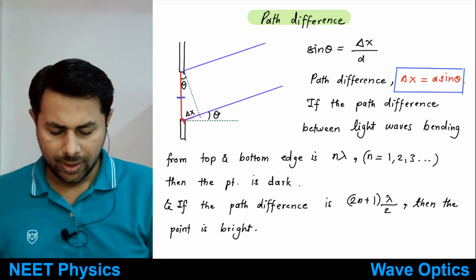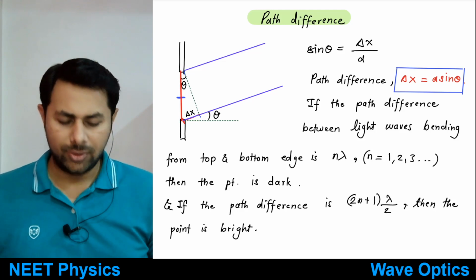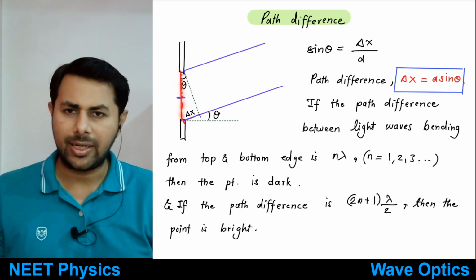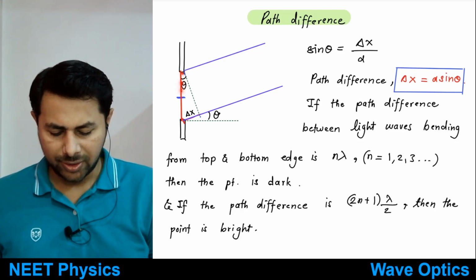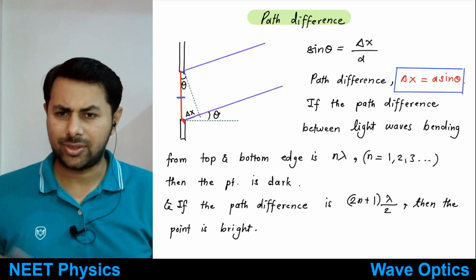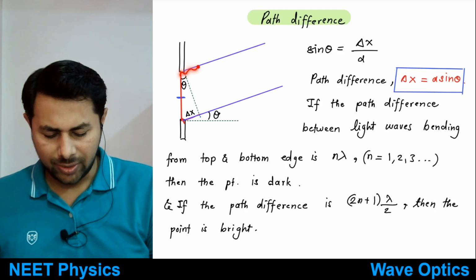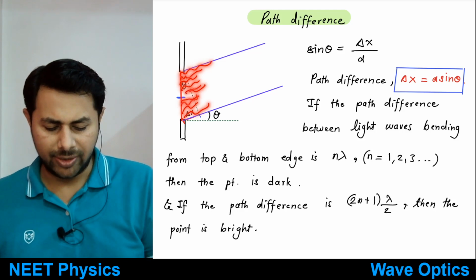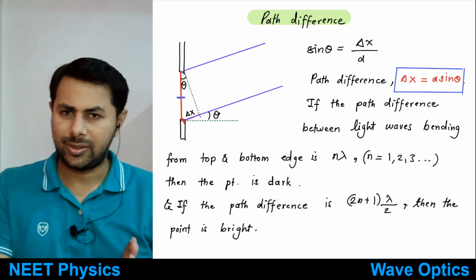Now this is the wavefront, and according to the Huygens principle, all points on this wavefront behave like secondary sources of light. So there would be waves coming from this point, this point, this point, each and every point on this wavefront.